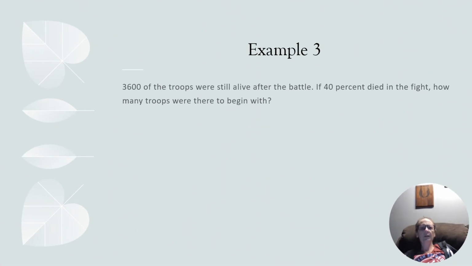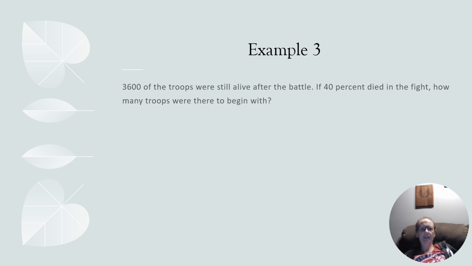All right, so it says 3,600 of the troops were still alive after the battle. If 40% died in the fight, how many troops were there to begin with? So this involves people that are alive and people that died and the total amount of troops there were to begin with. So it's another 6-way ratio box.